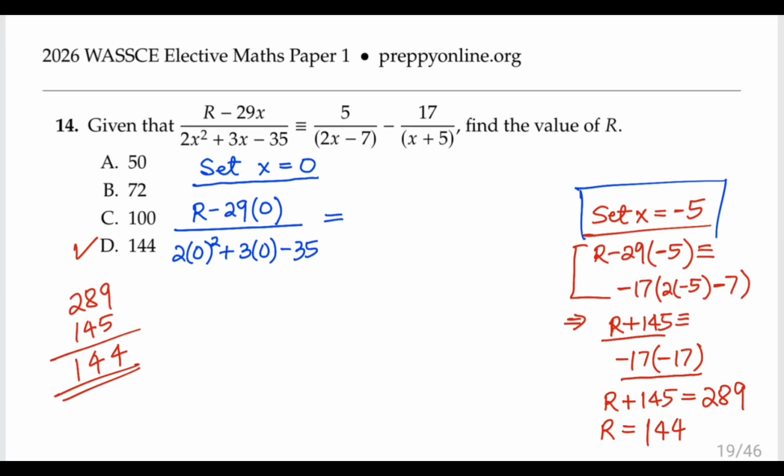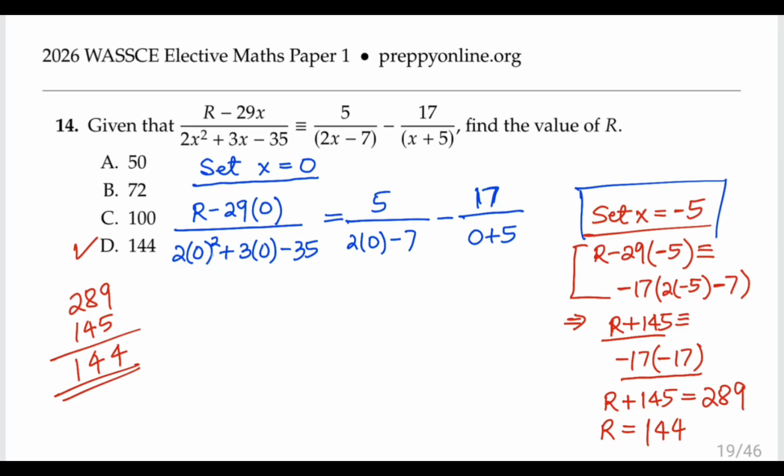Now this is equal to 5 over 2 times 0 minus 7, then minus 17 over 0 plus 5.